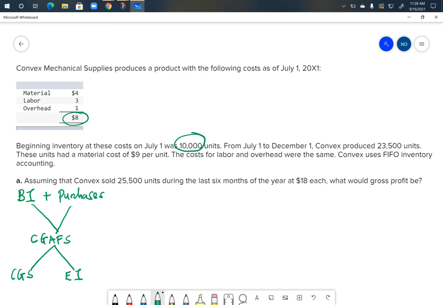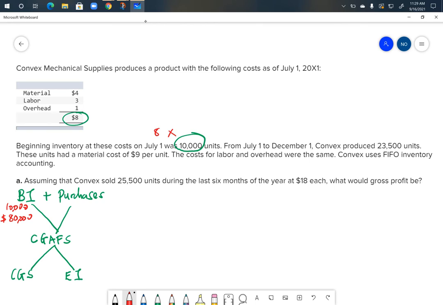In dollars, our beginning inventory is 10,000 times 8, which is $80,000.